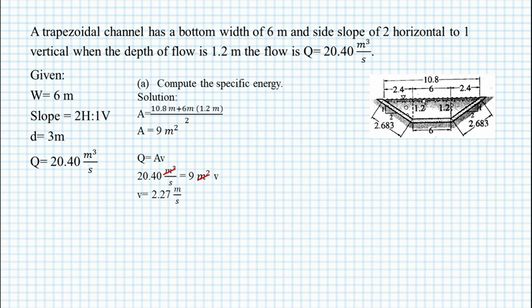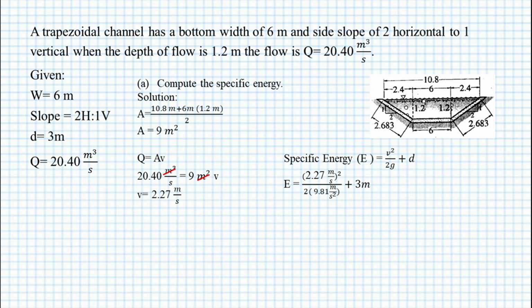Now we were going to solve for the specific energy. We were going to use the equation specific energy denoted as E equals the velocity squared over 2 multiplied to acceleration due to gravity added to its depth. Plug in the values, we have specific energy equals to 2.27 meter per second squared over 2 times 9.81 meter per second squared added to 3 meter.